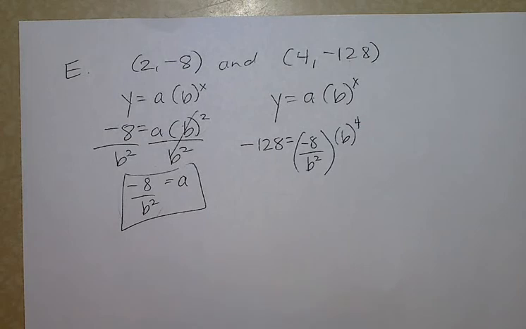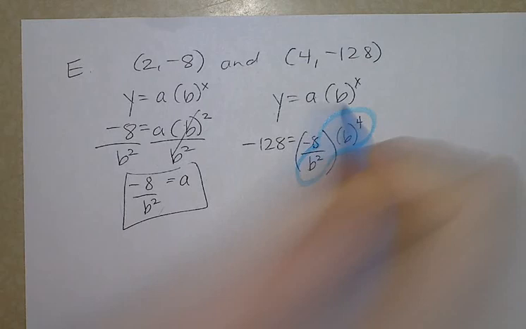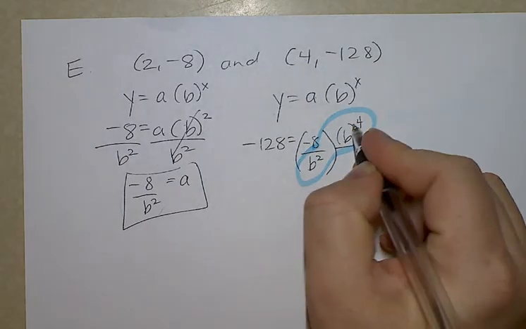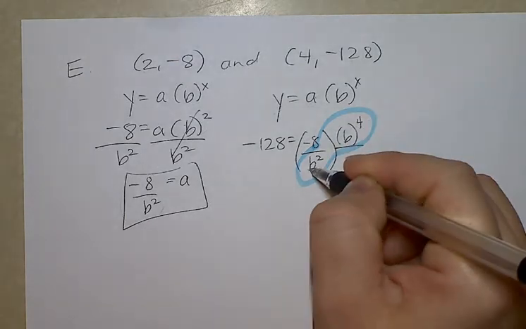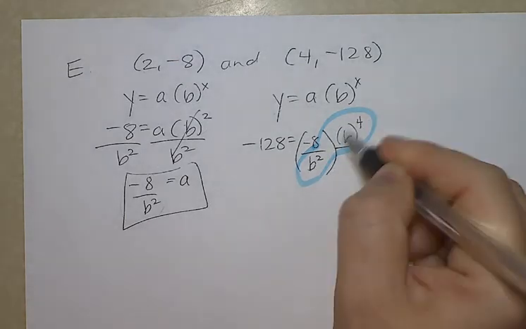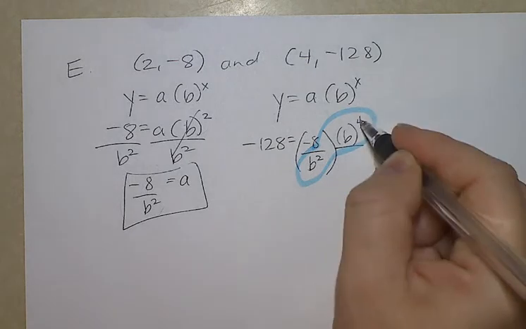Once again, I have b to the fourth over b squared. Same base and we're dividing, so we're going to subtract the exponents. 4 subtract 2 is 2. And b squared, the higher of the exponents, is on top.